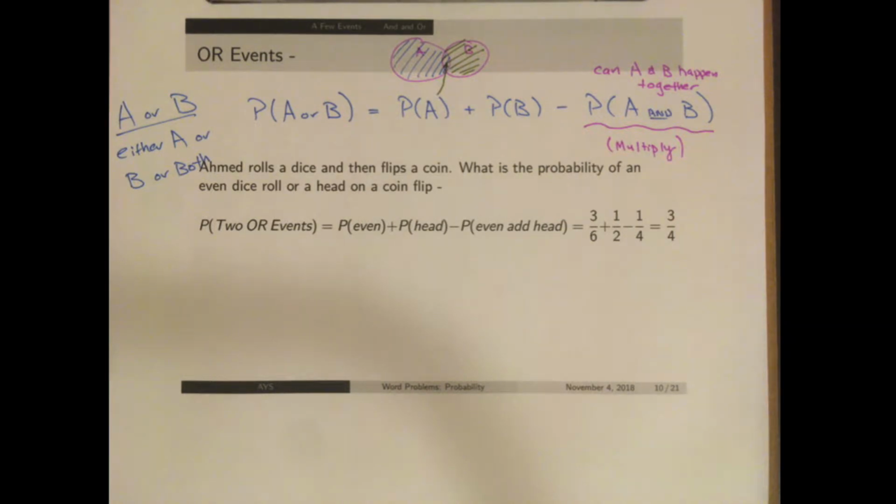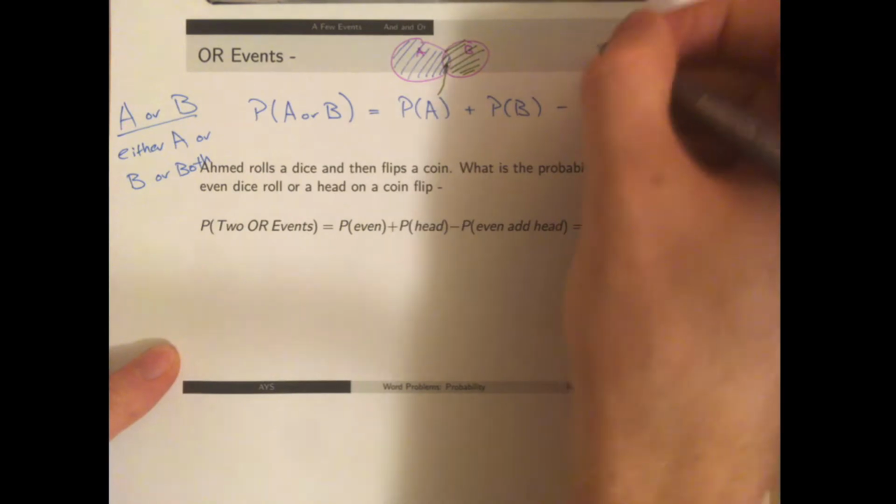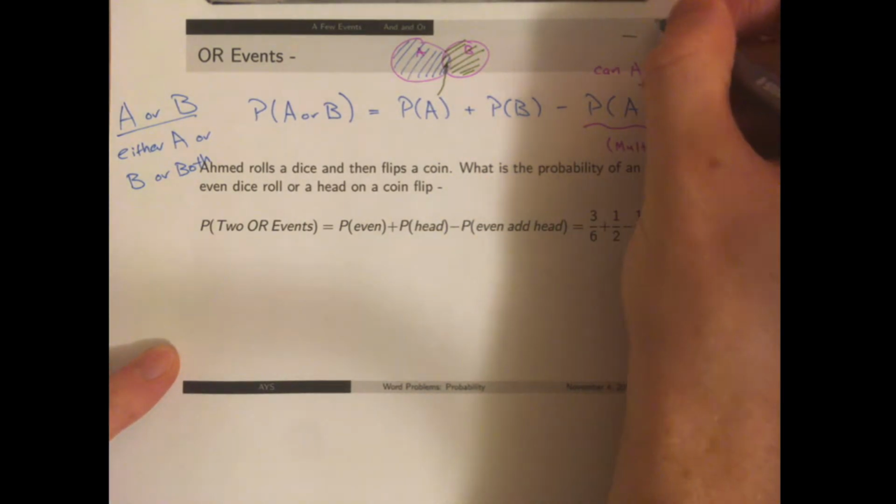When we do mathematics, especially probability, we don't like it when things get counted twice. We want everything to be counted exactly once. So if something is counted twice, and we want it to be counted once, what's the last step? The last step would be to subtract off this little middle section that was counted twice.